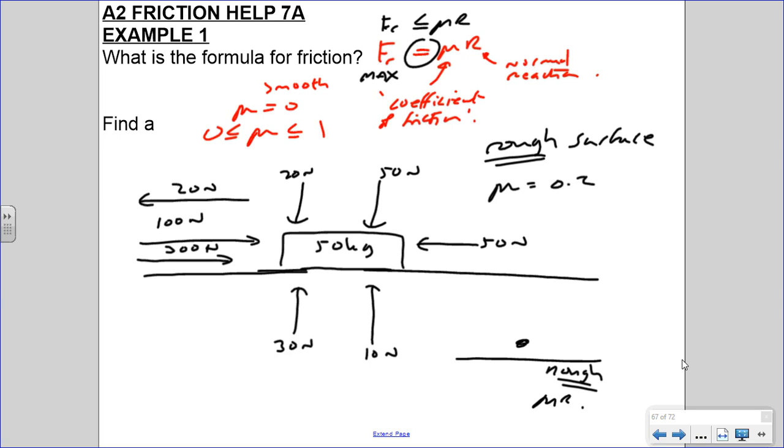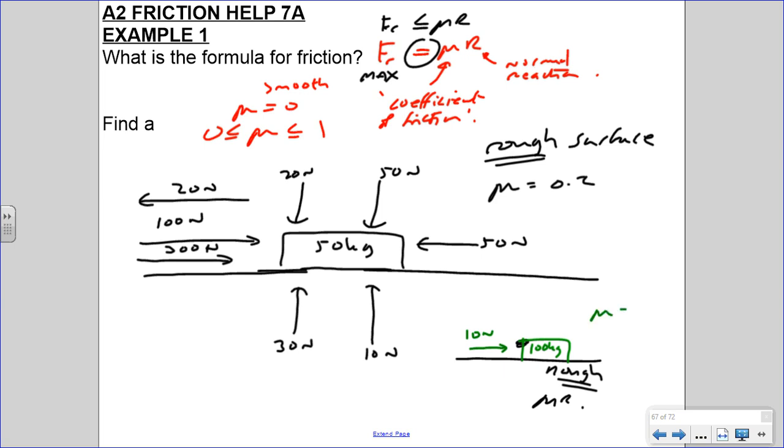But let's say I've got something really heavy, with a big mass, so let's say 100 kilograms here, and I try and push that on the rough surface with, say, 10 newtons. The friction required to resist 10 newtons is not going to be the maximum friction, is it?